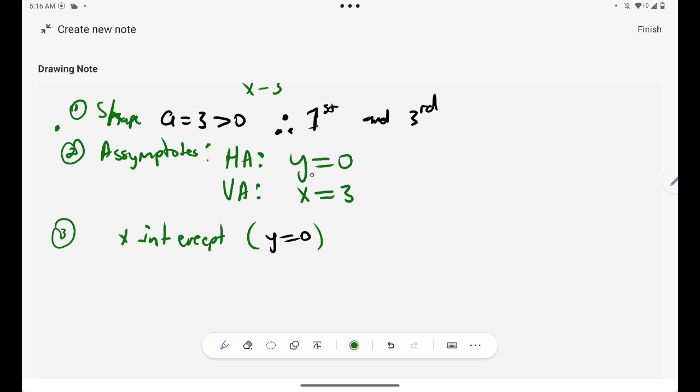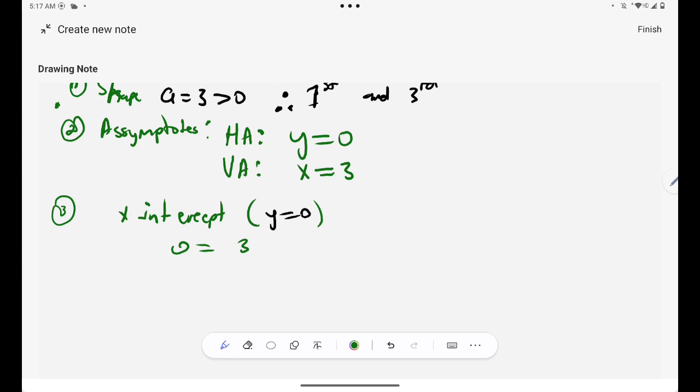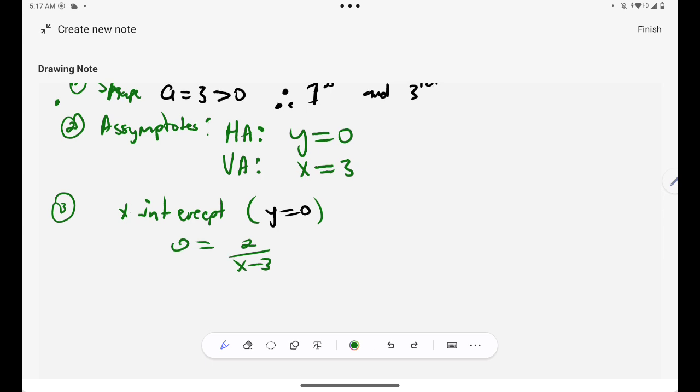Why? Because the line y is equal to 0 is our restriction, but we can try to do it. 0 is equal to 2 over x minus 3. Multiply both sides by x minus 3. You'll have 0 is equal to 2, which is not true. Right, together. So we don't have x-intercepts.